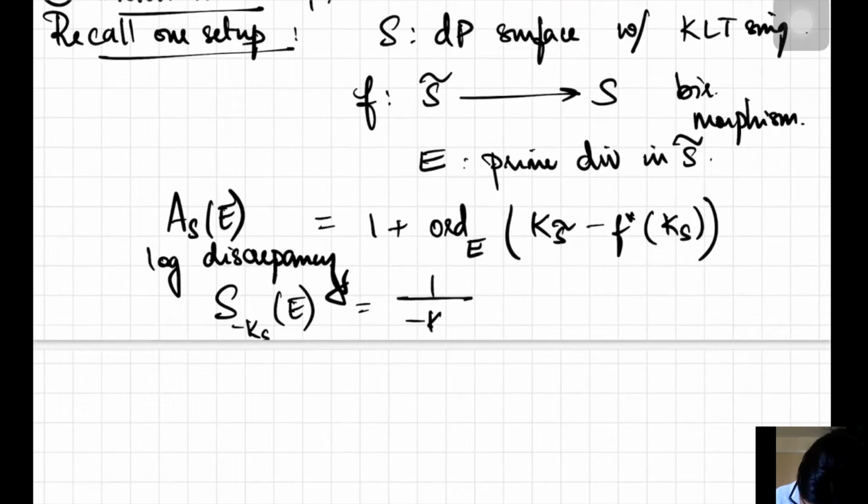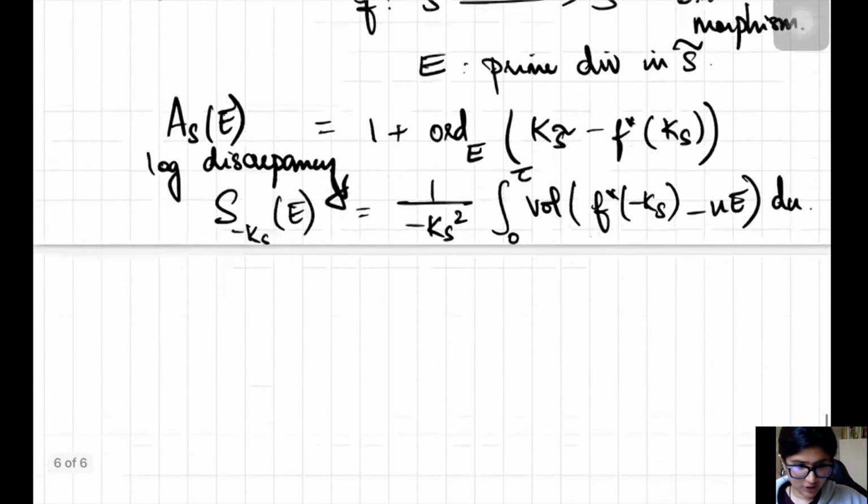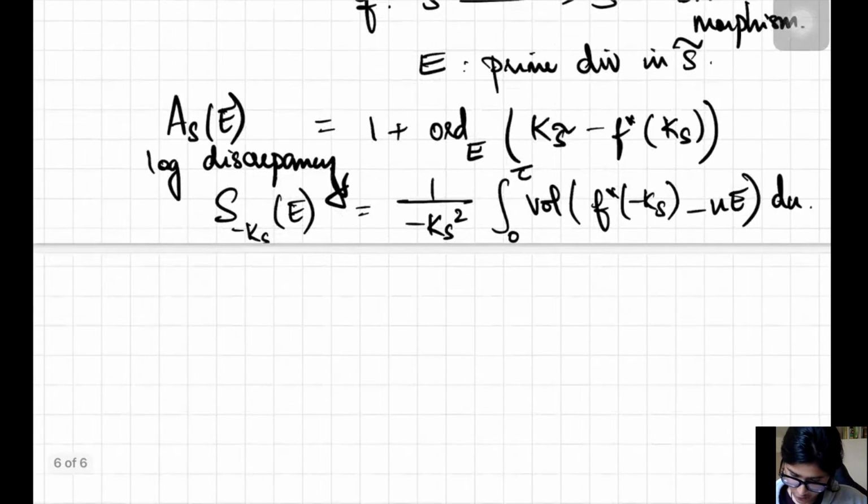The other one that we will need to do the computations is 1 over (minus K_S)^2 times the integral from 0 to tau of the volume of the divisor that we have. There are two things here which may not look too familiar. What is my tau?